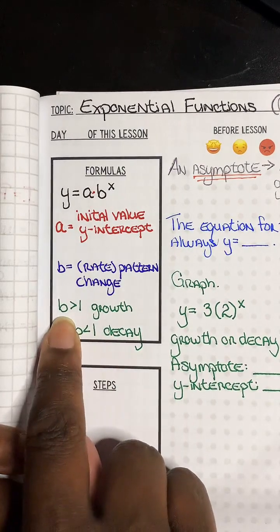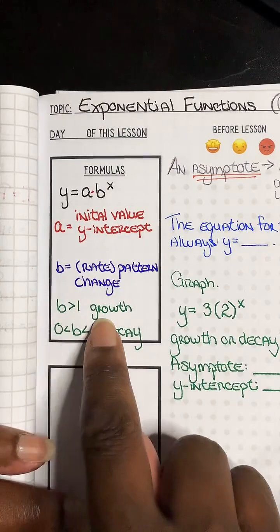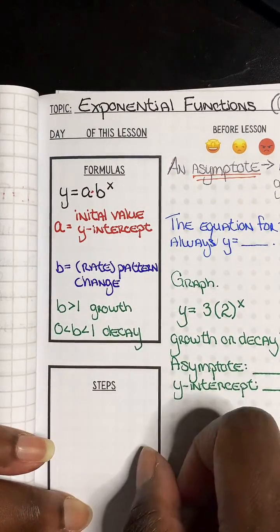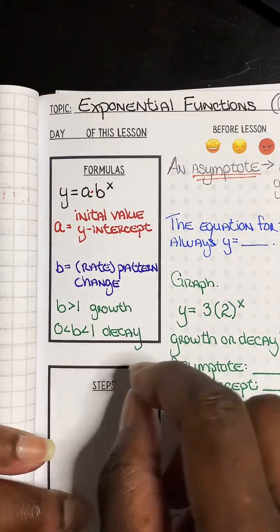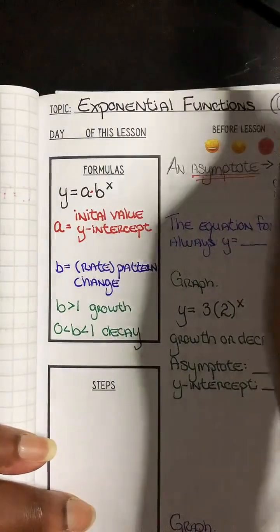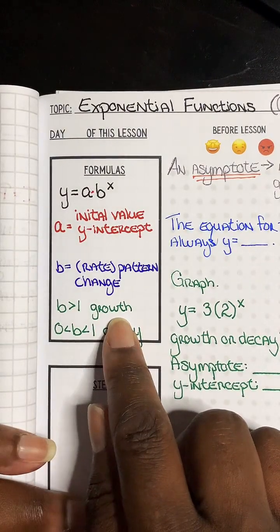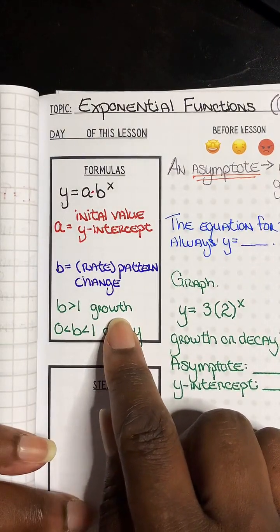Now, for the b, if it's greater than 1, then it is exponential growth. Think about when COVID happened. It happened relatively small and then bam, it just shot up. That's an example of exponential growth.